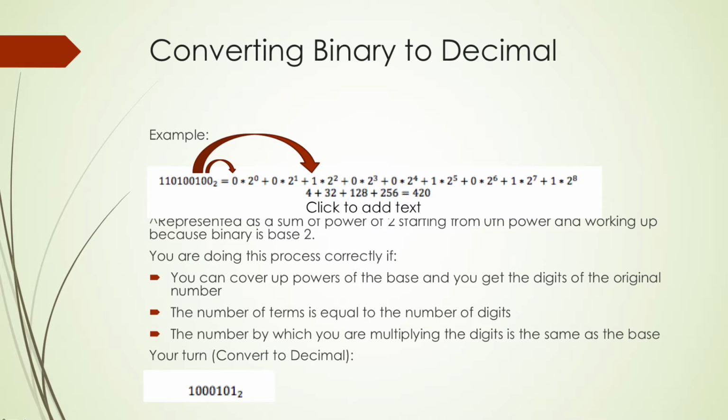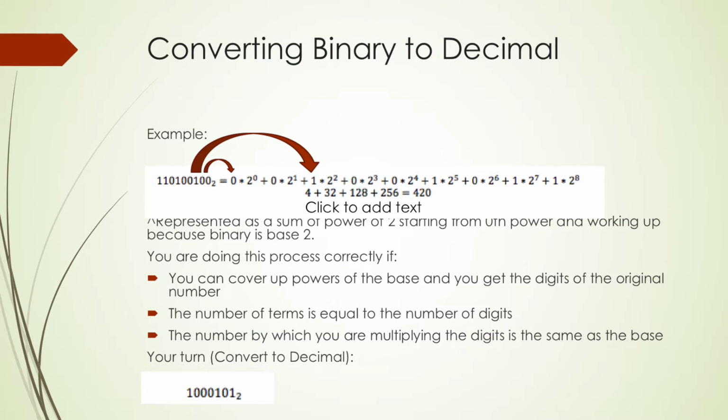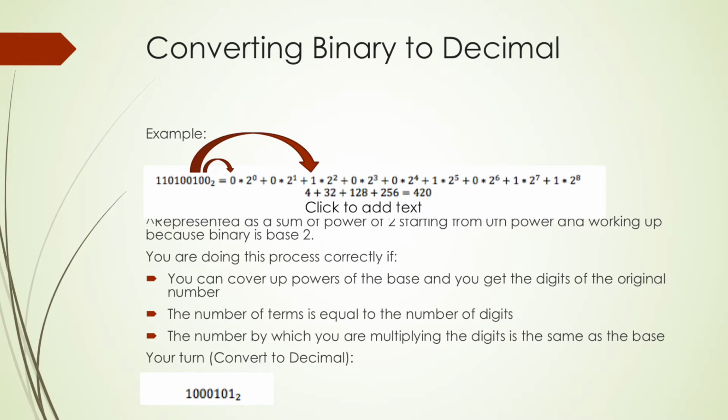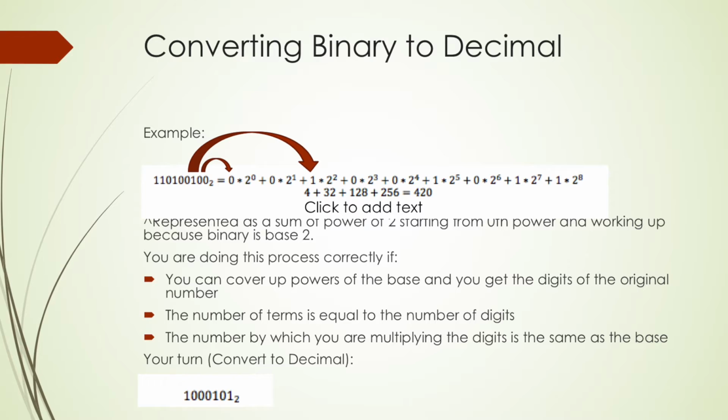Also a quick note, you know you are doing this process correctly if you cover up the powers of the base. So you would cover up the 2s in the number, and you would get the original number. If you cover up the 2s and go backwards, 0, 0, 1, 0, 0, 1, 0, 1, 1. That matches up with the example.